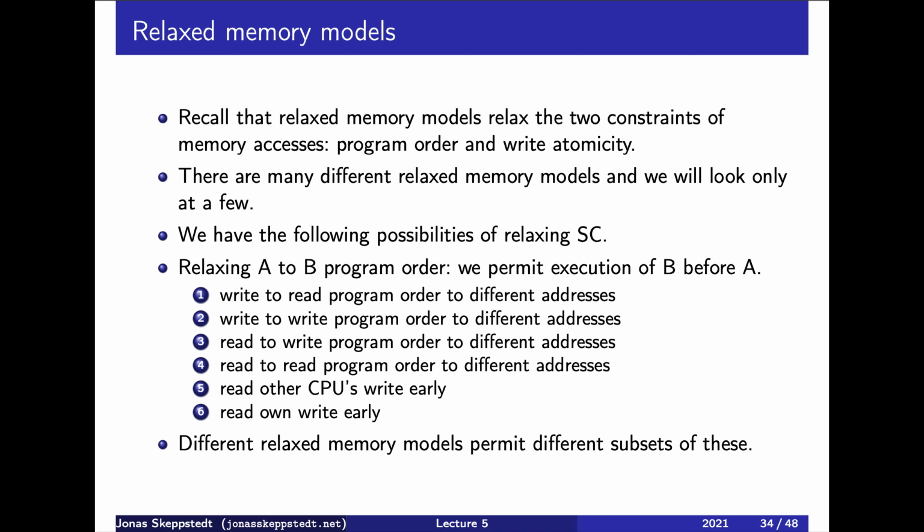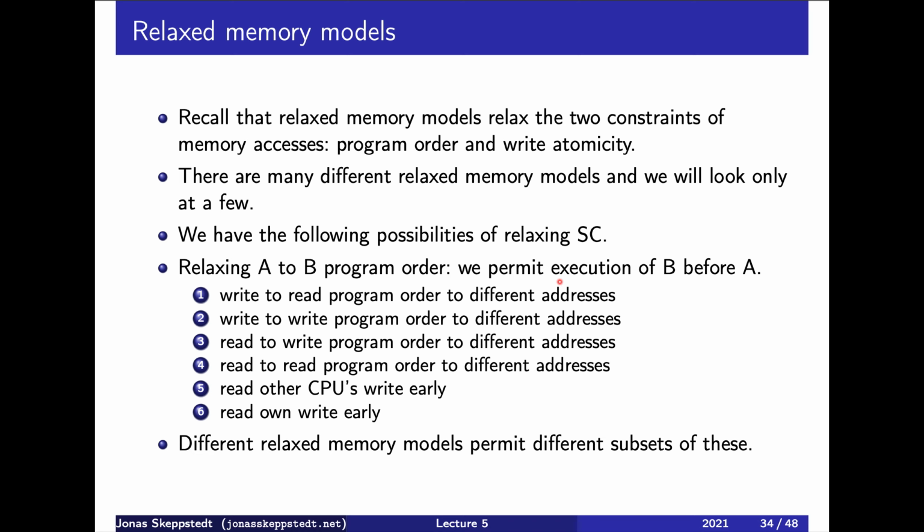So what can be done in a relaxed memory model? First of all, the two constraints, program order and write atomicity, are relaxed, but there are different ways to relax them. Here are 6 examples of what we can permit to be reordered.